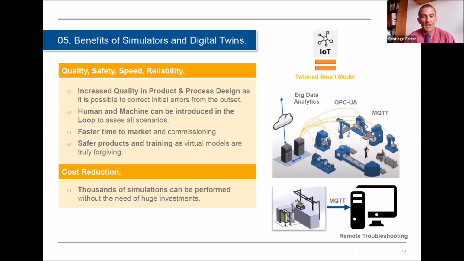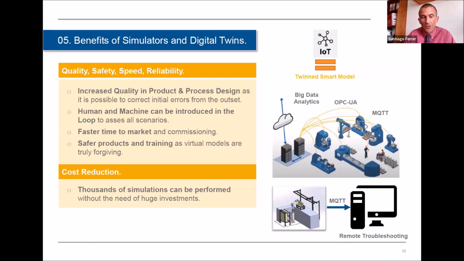And what can be said about the benefits? So the quality, safety, the speed, reliability, are among the most important benefits of SIMs and DTs. So we can increase the quality in the product and process design, as it's possible to correct initial errors from the outset. This is really important, as we can launch a product to the markets or commission a machine in a faster way.